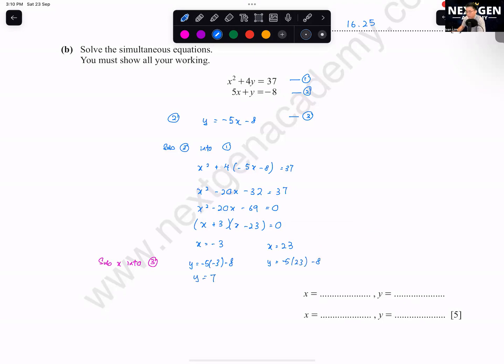Calculate it, you get y equals 7 and y equals negative 123. Okay, make sure you put it in the correct pairs also. x equals negative 3, y equals 7. x equals 23, y equals negative 123.